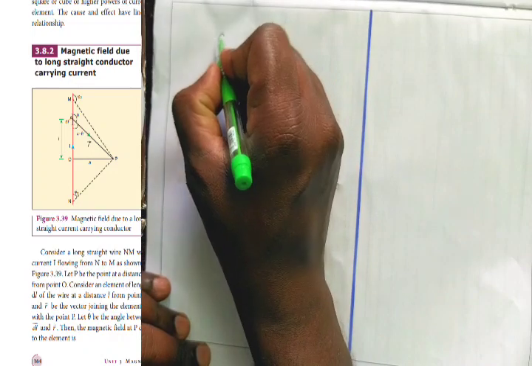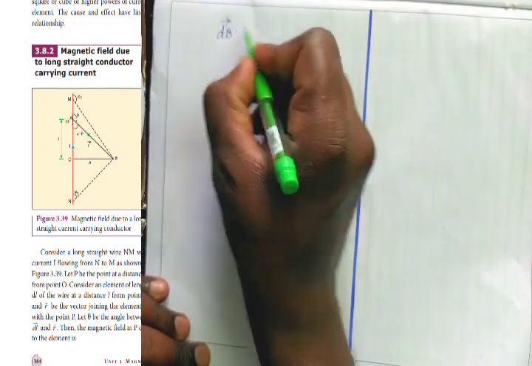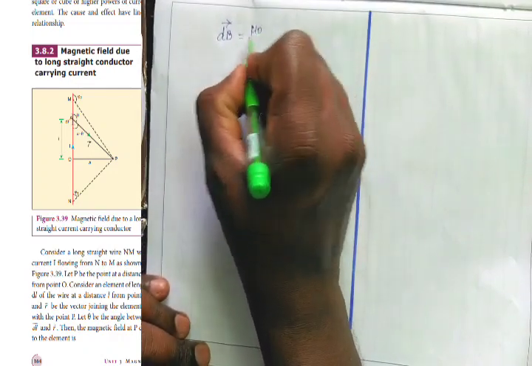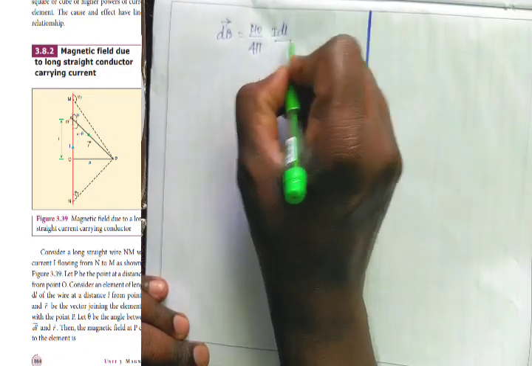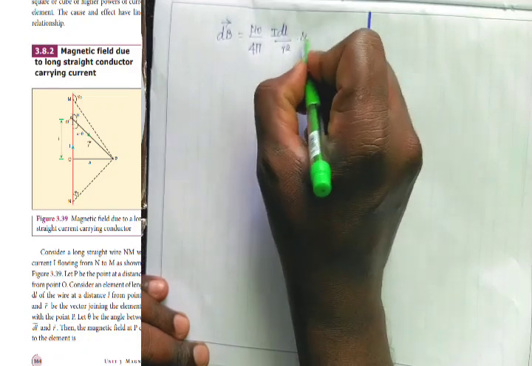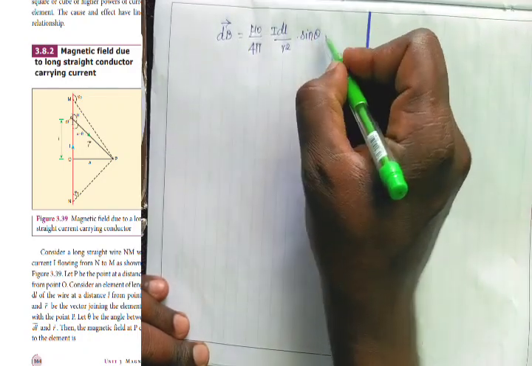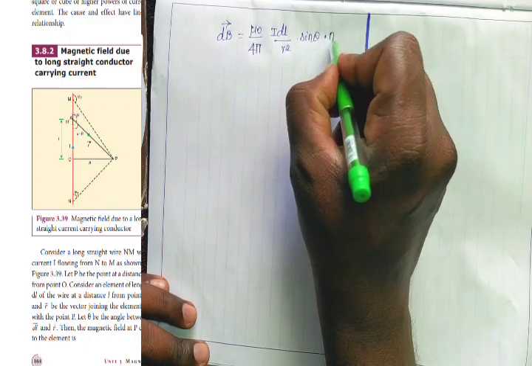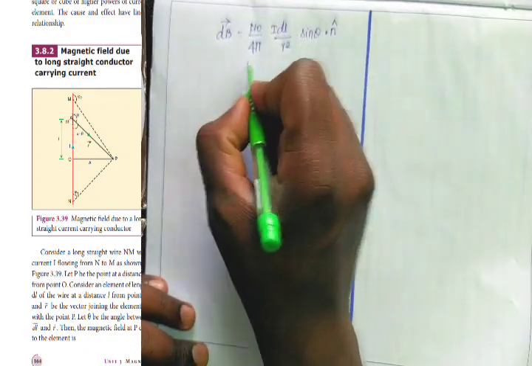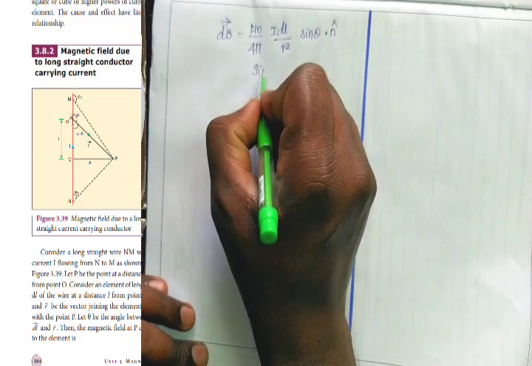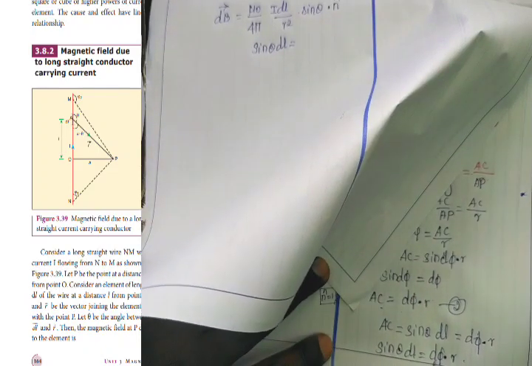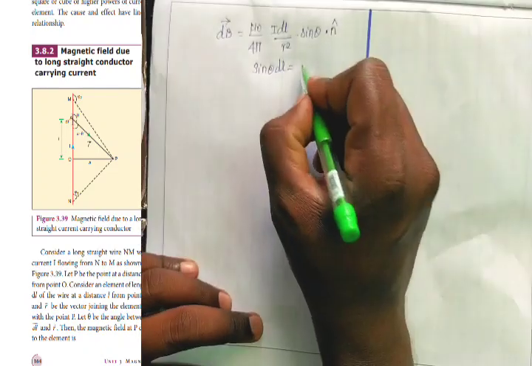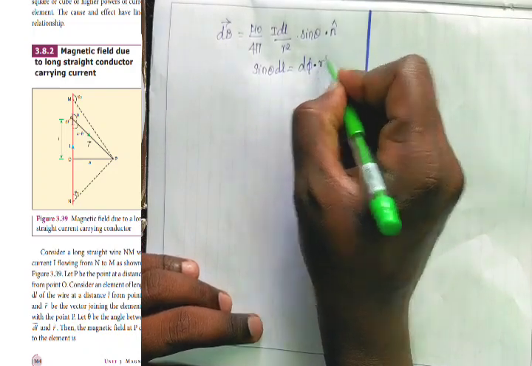So the Biot-Savart equation, dB vector is equal to mu naught divided by 4 pi, I dl divided by r squared, sin theta, dot unit vector n cap. The sin theta dl value we calculated from the last equation: sin theta dl is d phi dot r.